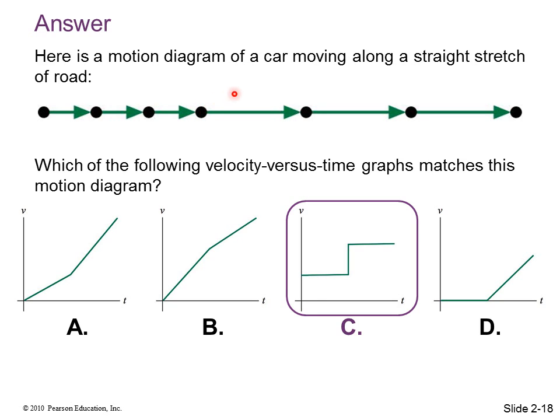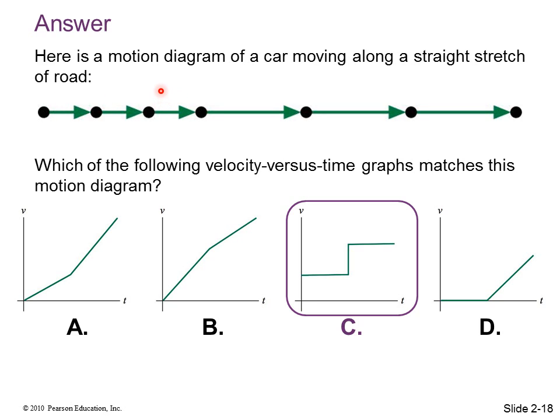Between these time intervals, our velocity vectors are all of equal size as well. However, they're double the size of this. So we have constant velocity for the first half, heading in the positive direction.